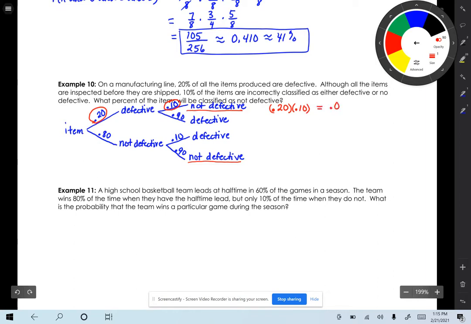You have to put the 0 in there. And then the other one, 0.80 times 0.90 is what we want, and that gives us 0.72. Add those two together, so you have 0.02 plus 0.72, and our probability is 0.74, or 74%.